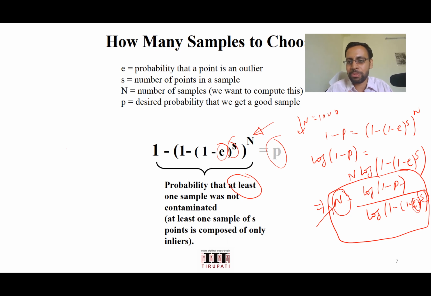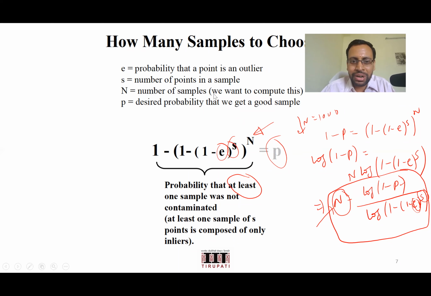If the proportion of outliers is the same in both case 1 and case 2, despite having 1000 points instead of the initial 100 points, the number of iterations required to fit a line is going to be the same. N here is the number of times you need to repeat the experiments.